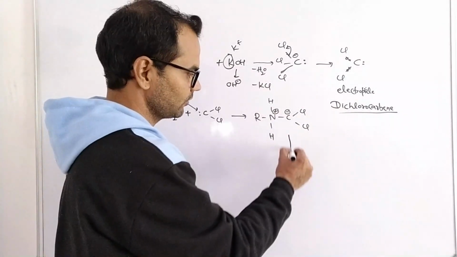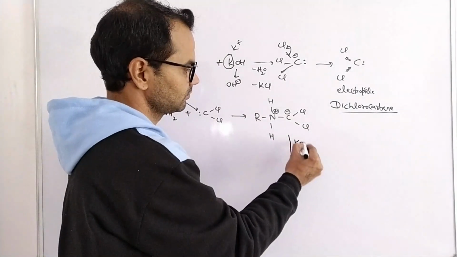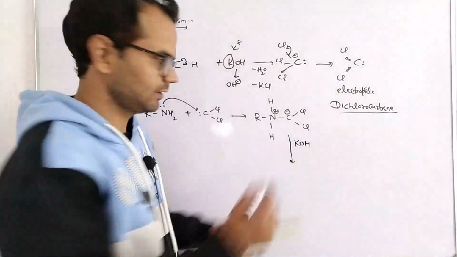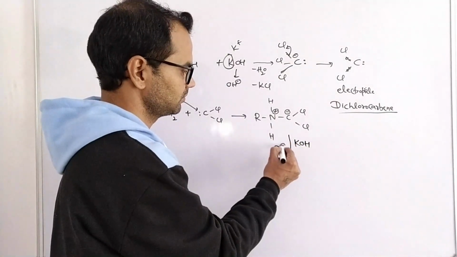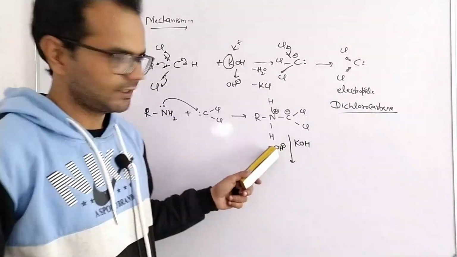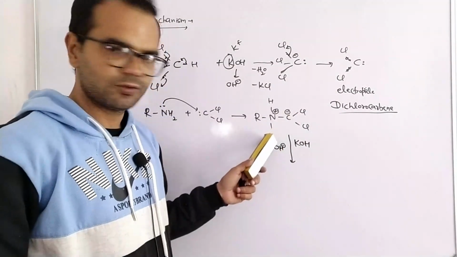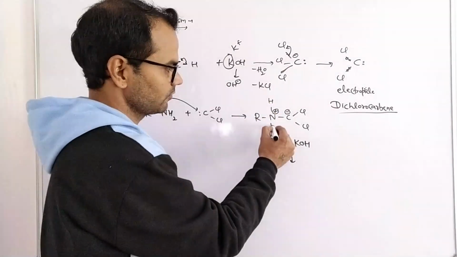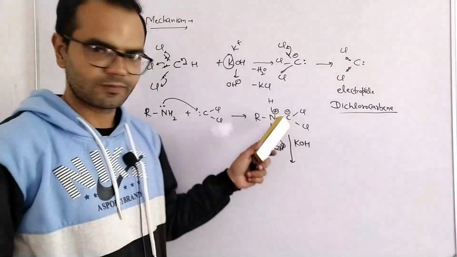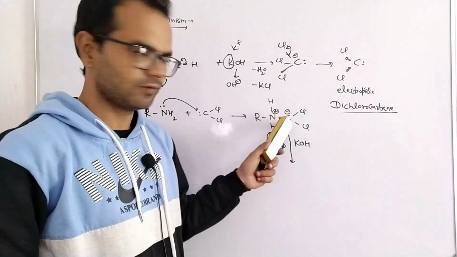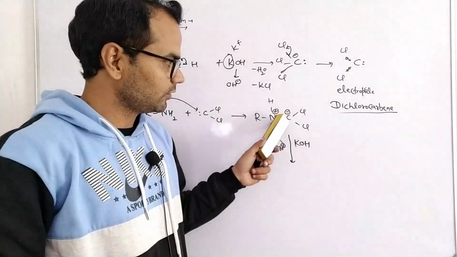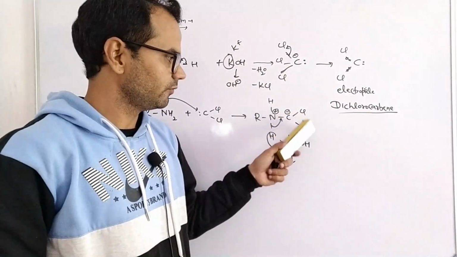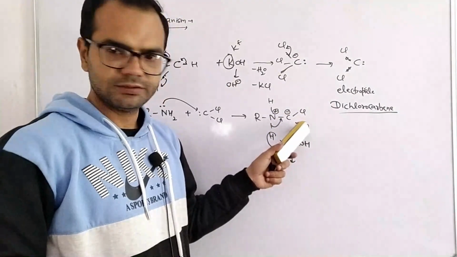So under the impact of basic medium KOH, it will give hydroxide ion. This hydroxide ion will abstract hydrogen from this intermediate. So these electrons will move towards this bond. These electrons will move towards this, and due to increased charge density, this chlorine will again play the role of a leaving group.